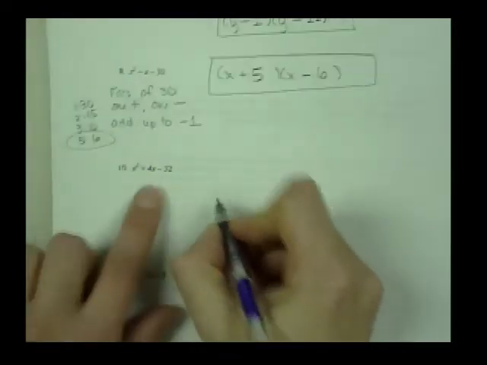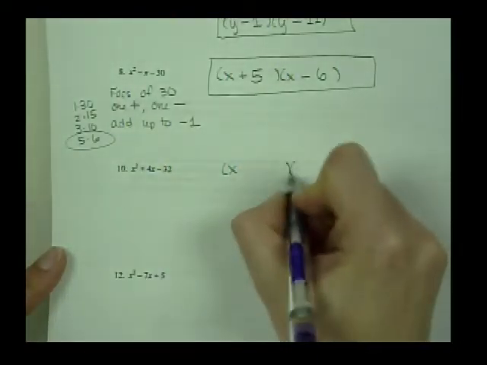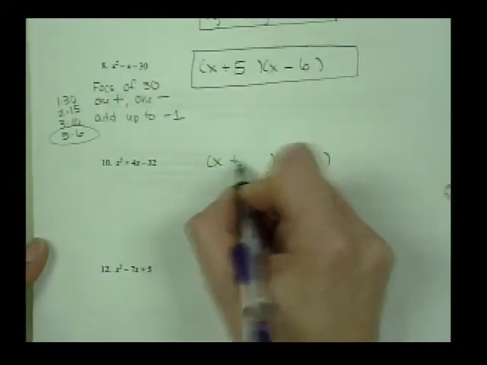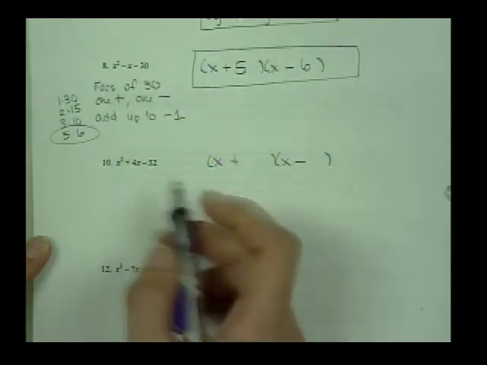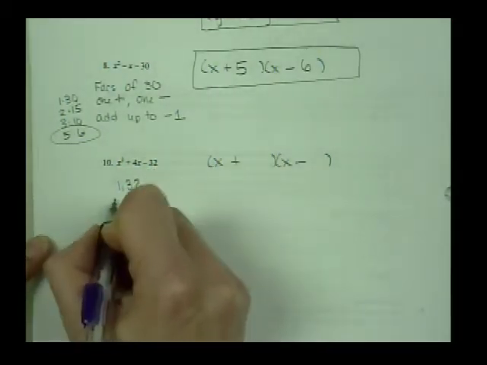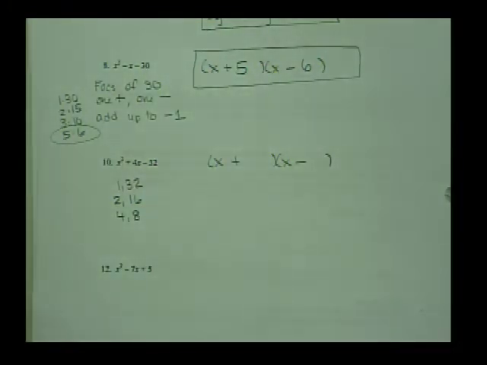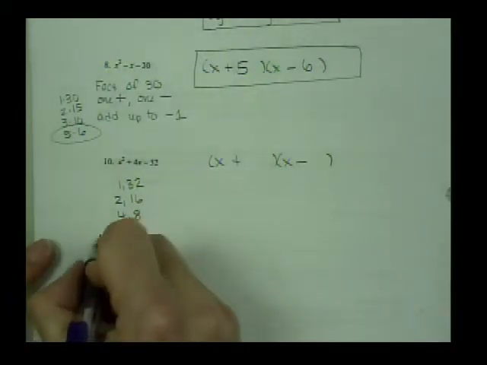Okay, so 10, again, it's going to start with x and x. What are our signs? One positive and one negative. So factors of 32: 1 and 32, 2 and 16, 4 and 8. One positive and one negative. And what do we want them to add up to?